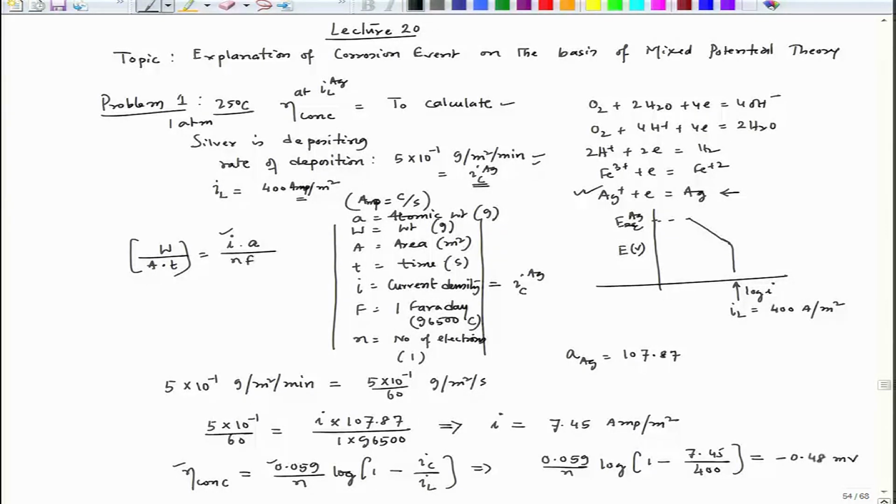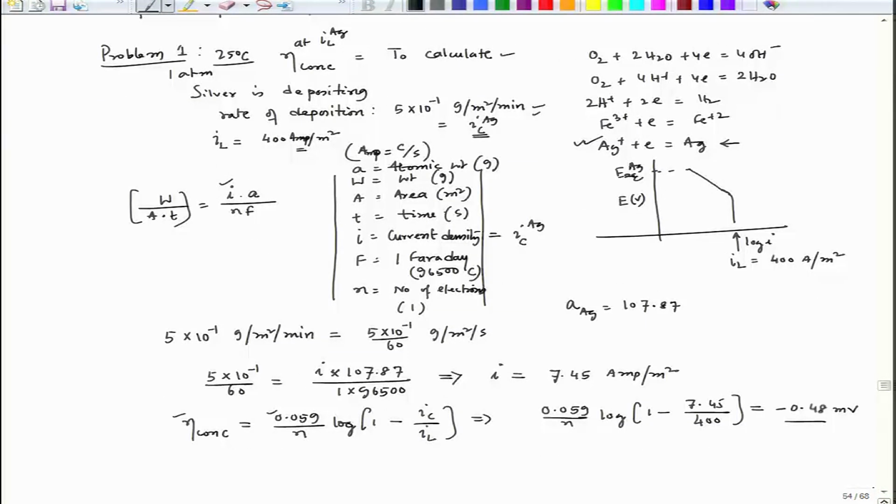Now, this is the value we are getting. If we try to see the current value, this is the current value we are considering, 7.45 ampere per meter square. So, at this condition the polarization, and this is the equilibrium silver potential.